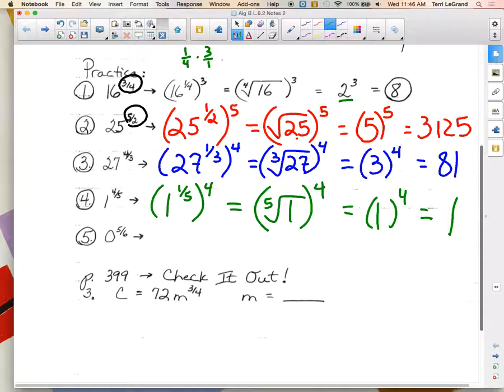Well, so basically what we need to also decide then is, is any root of 1 going to be 1? So if I ask you to find the 7th root of 1, or the 10th root of 1, or the 2nd root of 1, or the cube root of 1, is it always going to be 1? Yes.